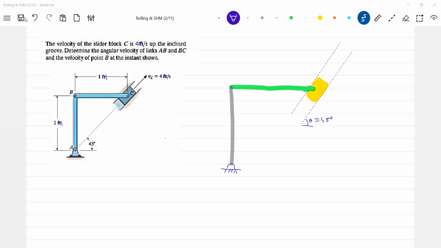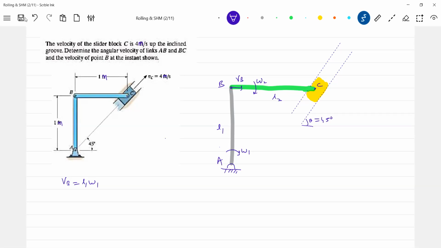Omega 1. The velocity of point B must be like this. This is point B. VB should be equal to L1 omega 1. What about the velocity of point C?